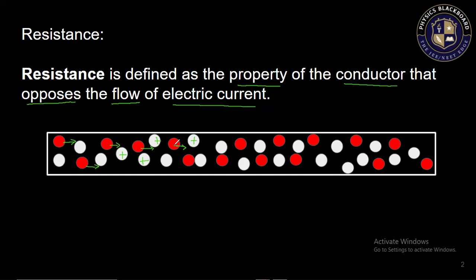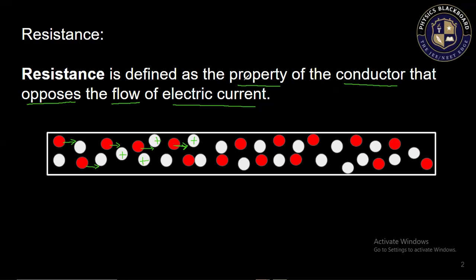These electrons will collide with the positive charged particles and their velocity will decrease, right? Sometimes they come to a halt. So here you can see that the flow of these free electrons is opposed by these particles.